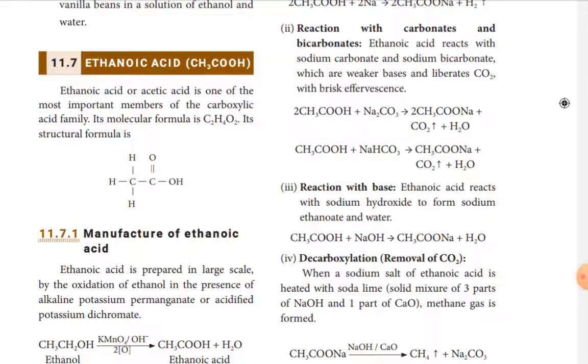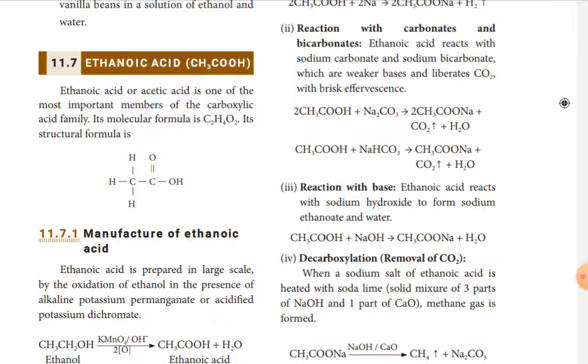And it is one of the important carboxylic acids, and its molecular formula also can be written C2H4O2. And the structural formula, first carbon surrounded by 3 hydrogens, methyl, then carbonyl with hydroxyl.